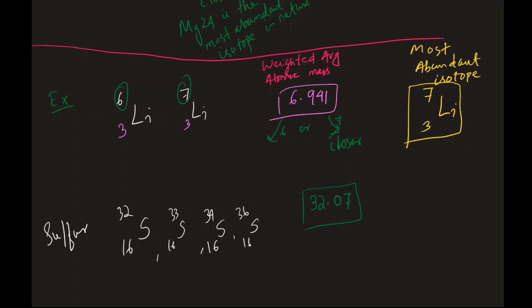Which one is the most abundant isotope of sulfur? 32 is closer to S32 here, so that is going to be the most abundant isotope. S32 would be our most abundant isotope of sulfur. All right, so that's pretty much all about this learning objective.